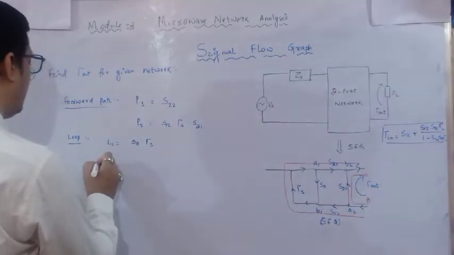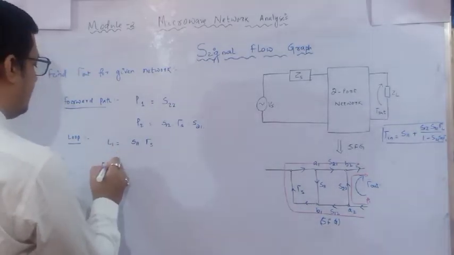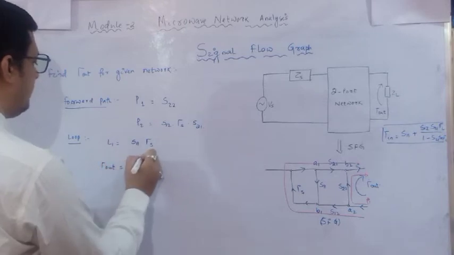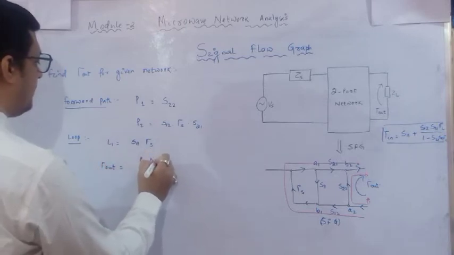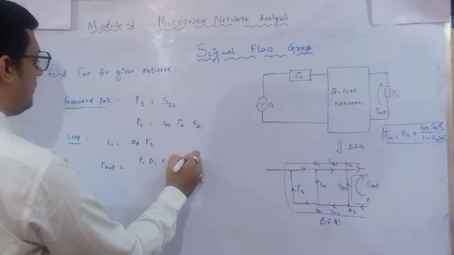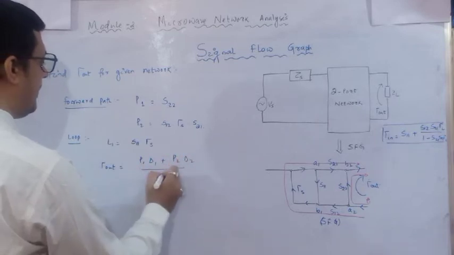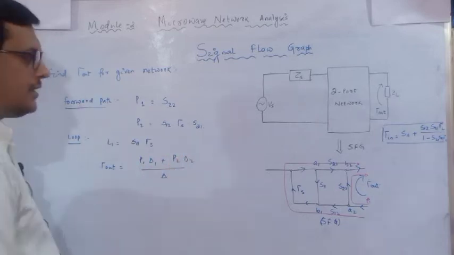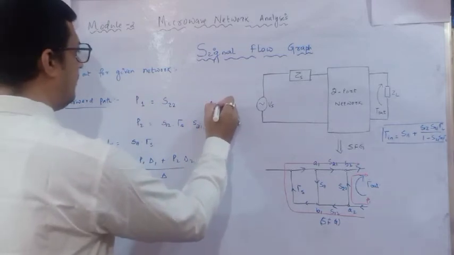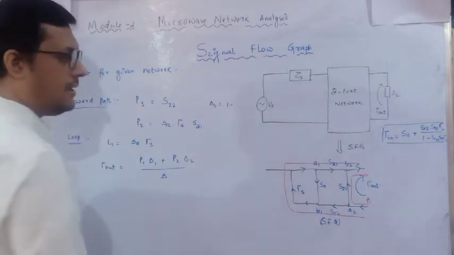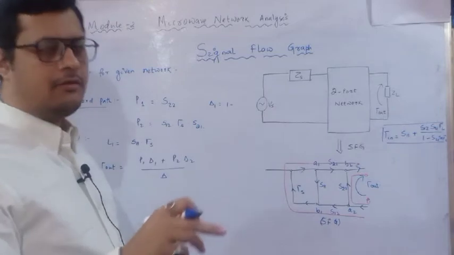Next, we know the transfer function, the reflection coefficient at the output, is P1 del 1 plus P2 del 2 divided by del. Now what is del 1? Del 1 is 1 minus the loops that are non-touching for that particular forward path.